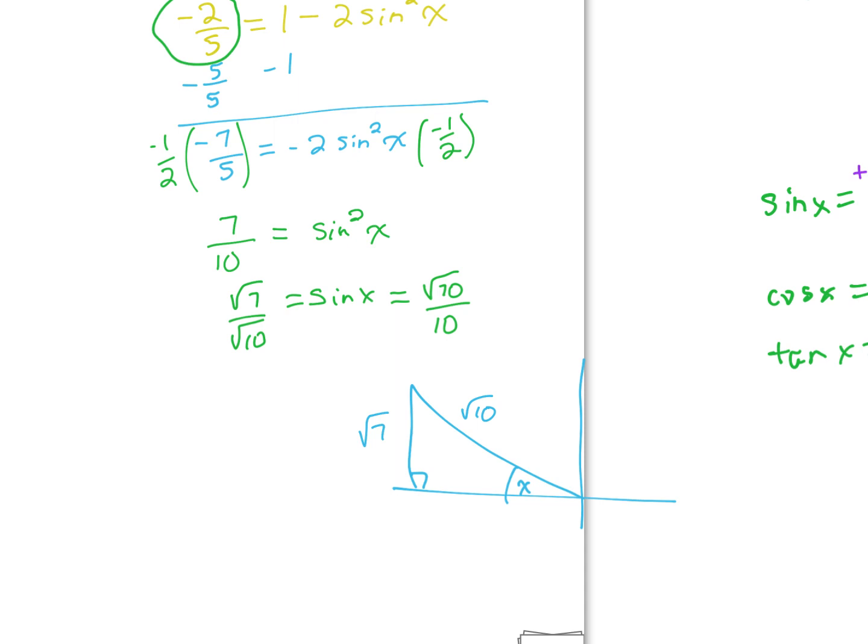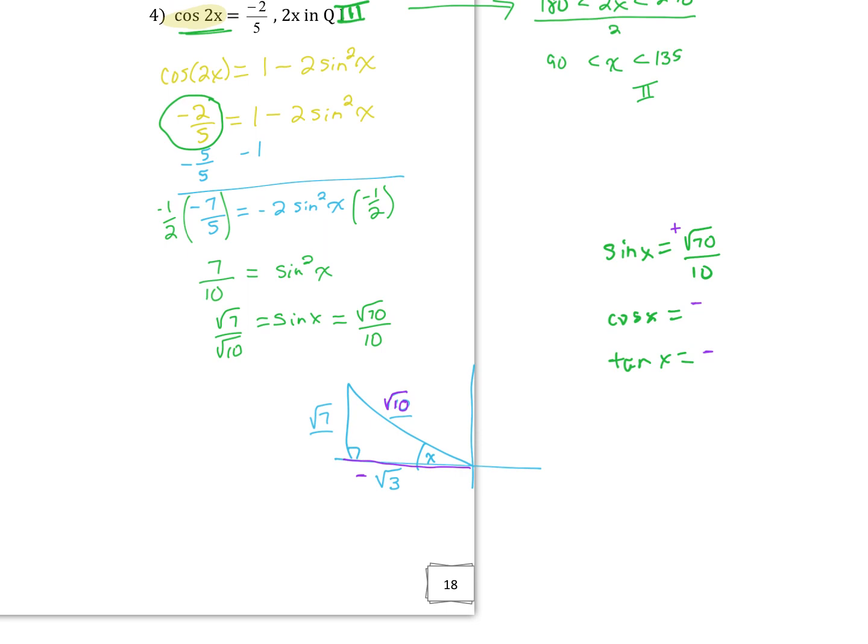Pythagorean theorem, this squared minus this squared, and then take the square root. So this becomes the square root of 3. And think about it, that's where the negative's coming from because we're going in this left direction. So technically that's what's negative, because remember this hypotenuse is always positive.